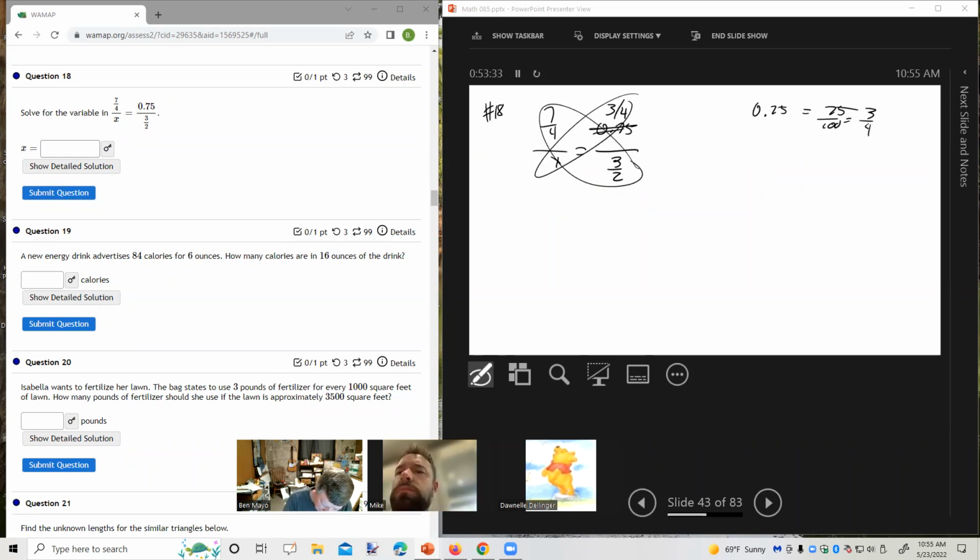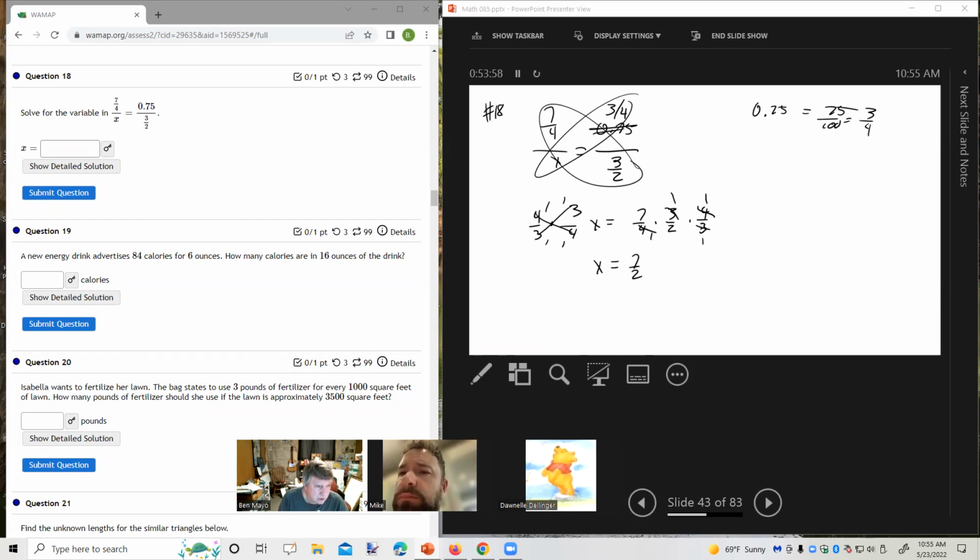So now I have 3/4 x equals 7/4 times 3/2. Multiplying both sides by the reciprocal of the coefficient of x, I get 1 times x, or just x. Here, the 4's reduce, the 3's reduce, and I've got 7/2.